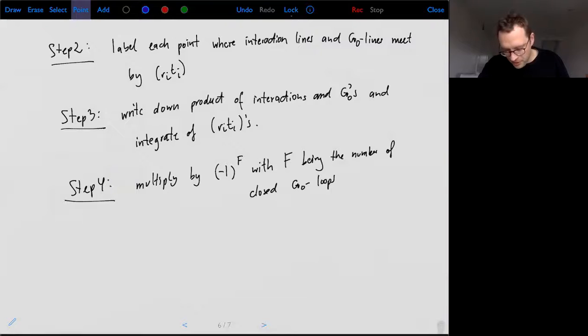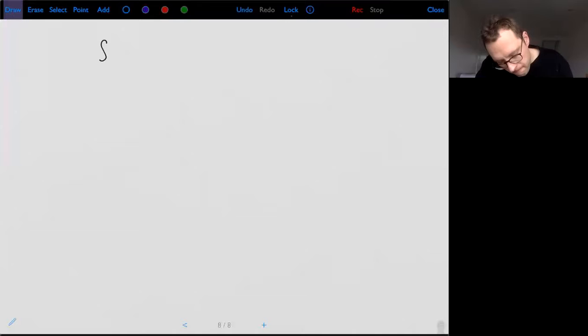Instead, we'll try to do something slightly more elegant, and we'll try to find some structure in this diagrammatic series, and it turns out there's a lot of structure to be found, in fact. So let's see if we can identify a structure of this diagrammatic series.